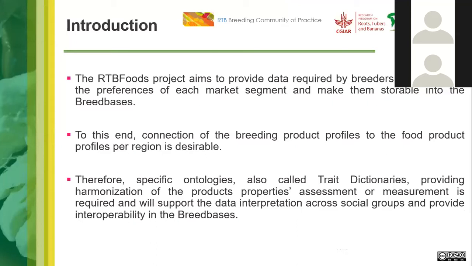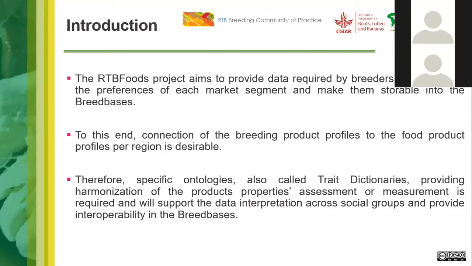The RTB project aims to provide data required by breeders to understand preferences of each market segment and make this data storable in the breed bases. So, to this end, the connection of the breeding product profiles to the food product profiles per region is desirable.